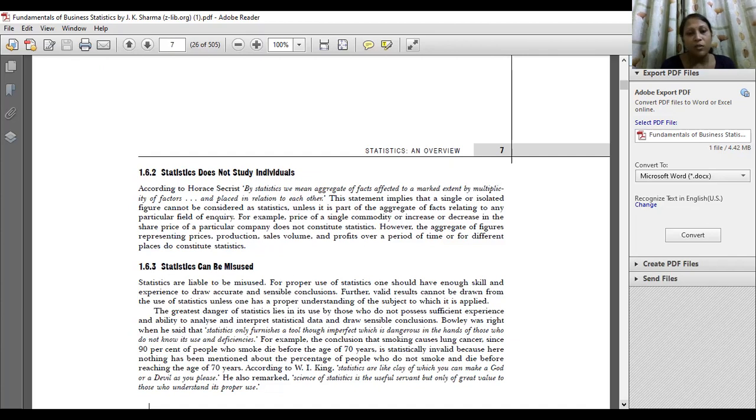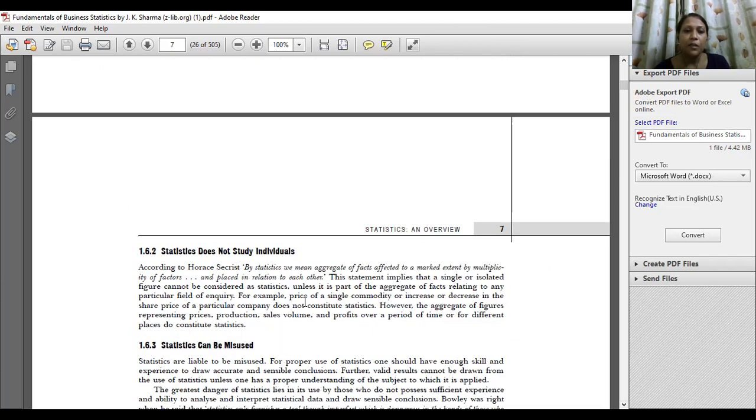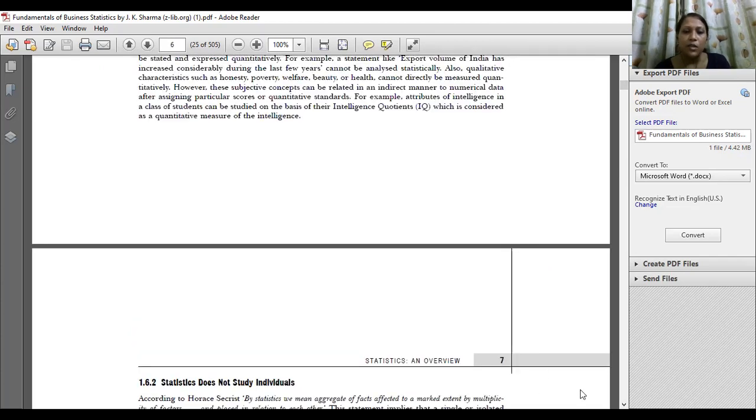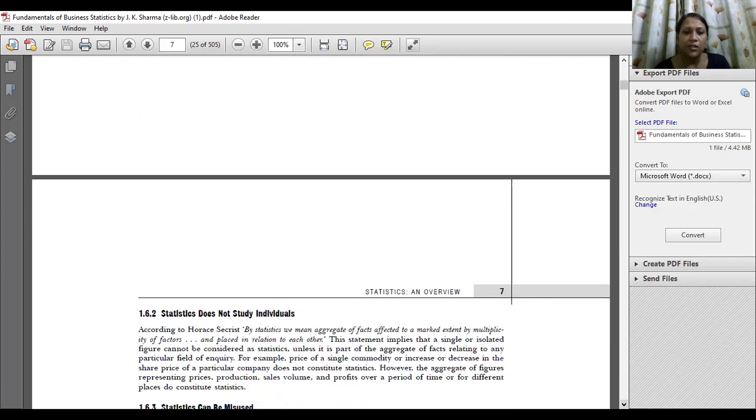For proper use of statistics, one should have enough skill and experience to draw accurate and sensible conclusions. Further, valid results cannot be drawn from the use of statistics unless one has a proper understanding of the subject to which it is applied. So these are the limitations of statistics.